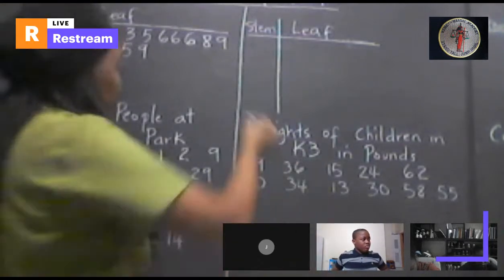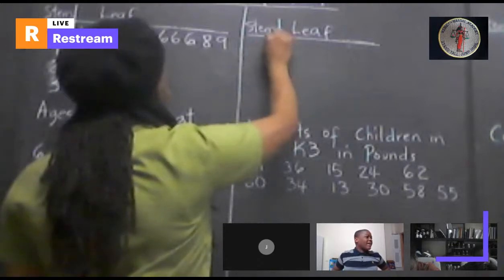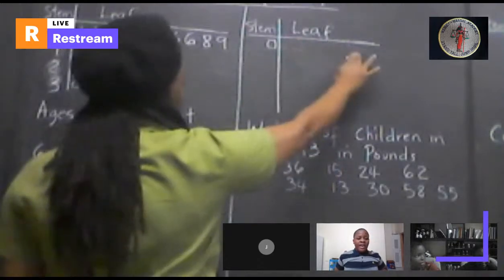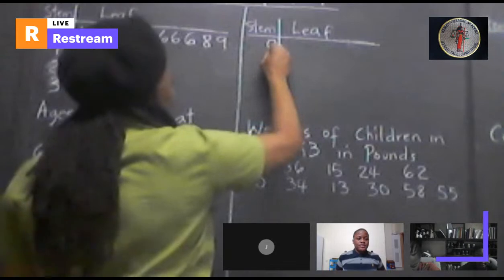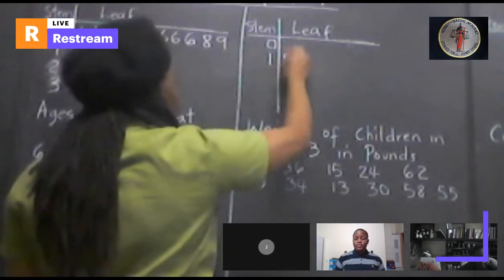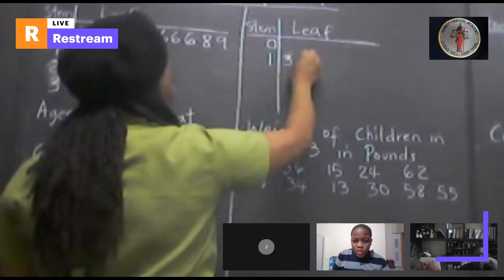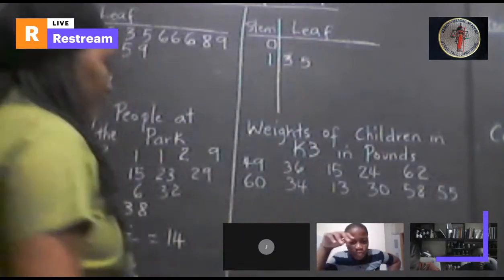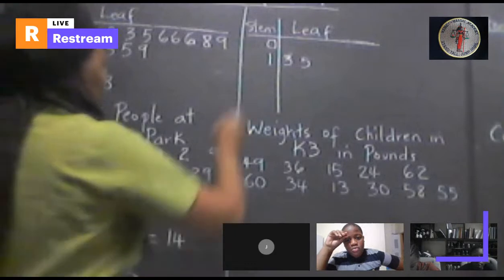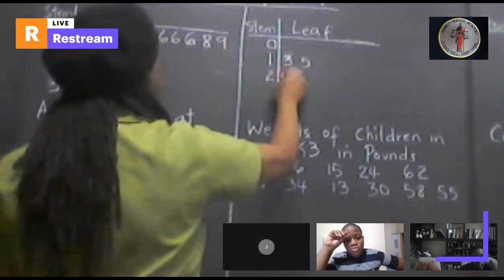Or we could put the 0 and just leave it blank. We could do that as well. For the teens, we have 13 first, and then 15. For the 20s, we just have 24.